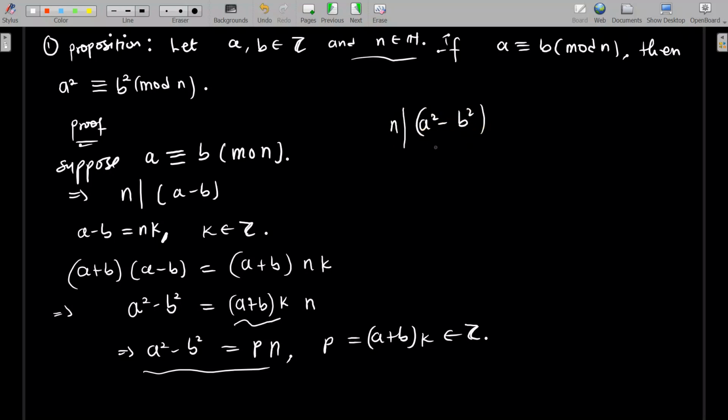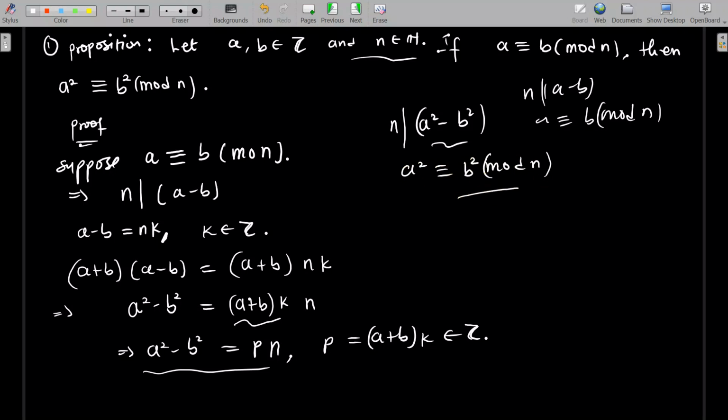But that is exactly the definition of congruence modulo. If n divides a minus b, it means a is congruent modulo to b mod n. So if you have n divisible by this, it means that a squared is congruent modulo to b squared mod n. Alright, that's a basic proof.